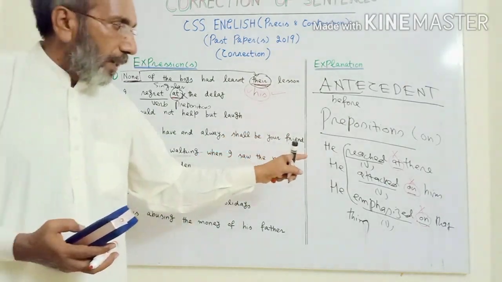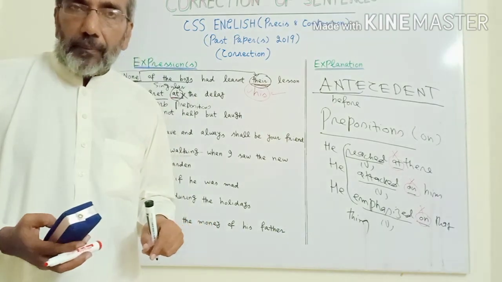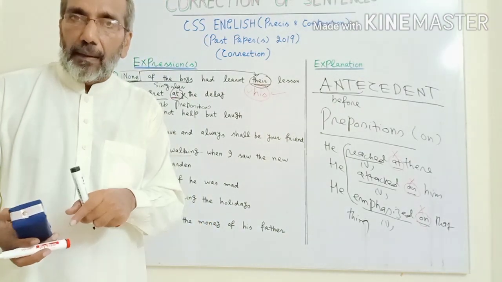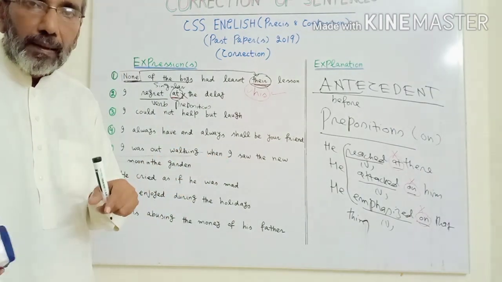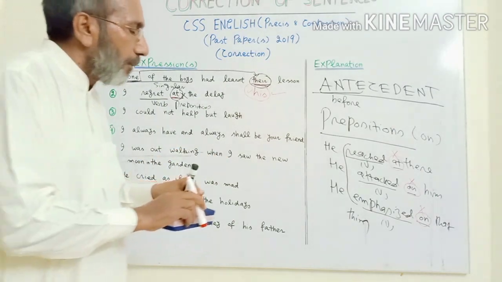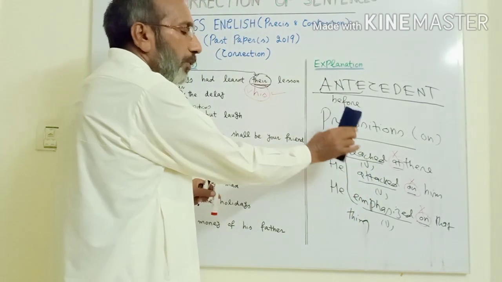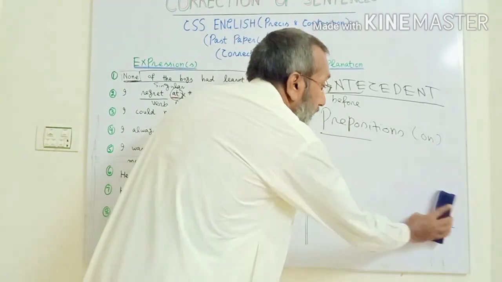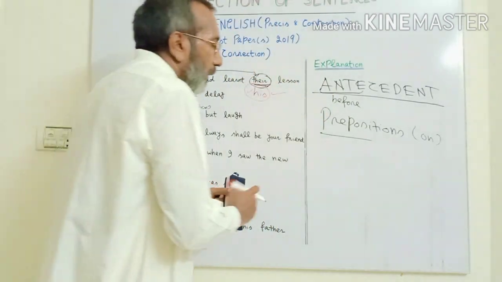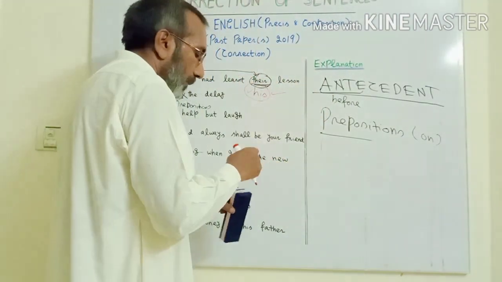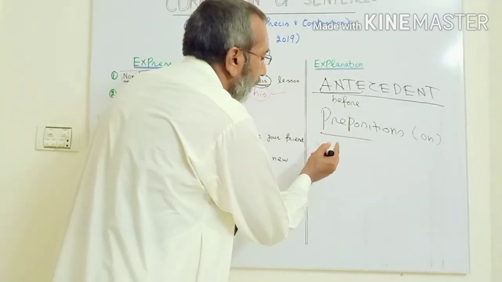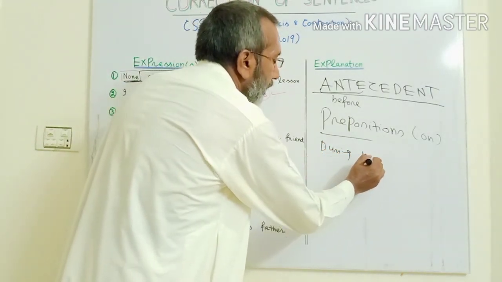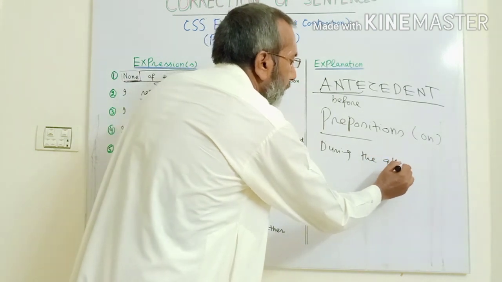But if I change this a bit, suppose I say, during that attack on India. Look, over here, you can guess what I'm using. After verbs we don't use a preposition, but when we use the same words as nouns, suppose you say, during the attack on, let's suppose, India.